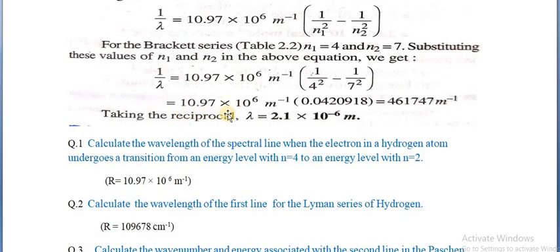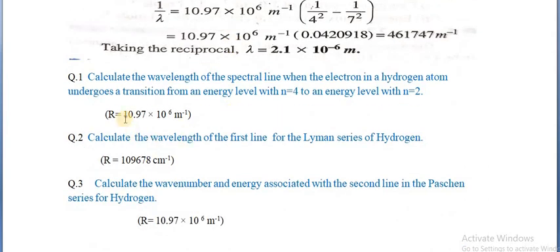Based on the same type of numerical, we have got the assignment for today. Calculate the wavelength of the spectral line when the electron in a hydrogen atom undergoes a transition from an energy level with n equals 4 to an energy level with n equals 2.